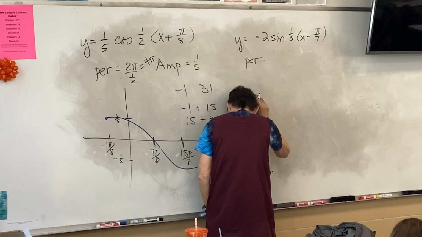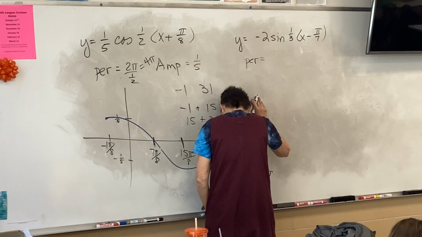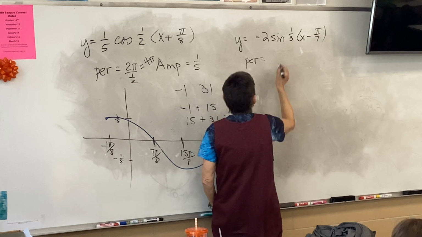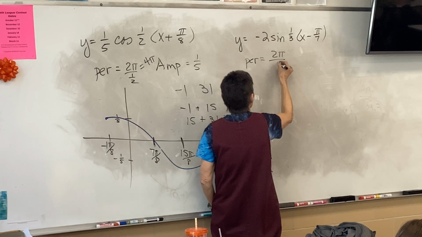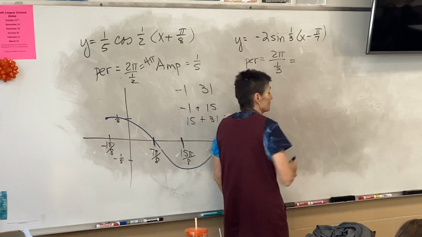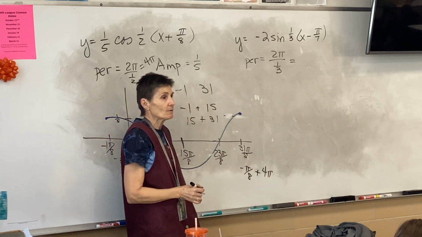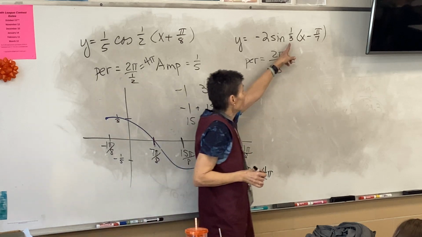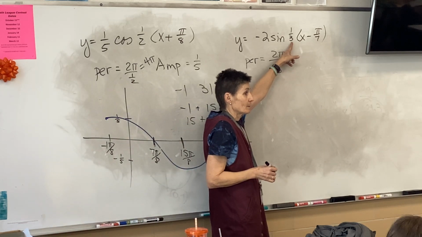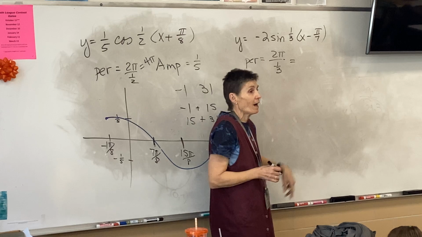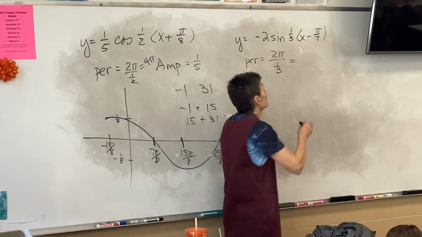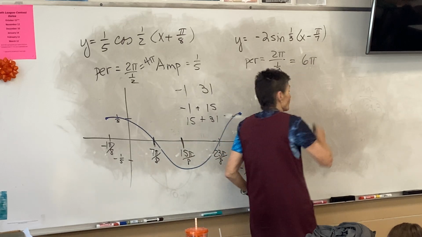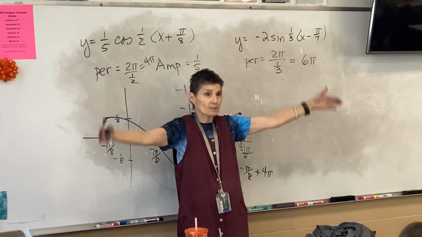Period is 2 pi divided by that number, 1/3. Amplitude is 2. So what's 2 pi divided by a third? 6 pi. So that means start to finish is 6 pi.